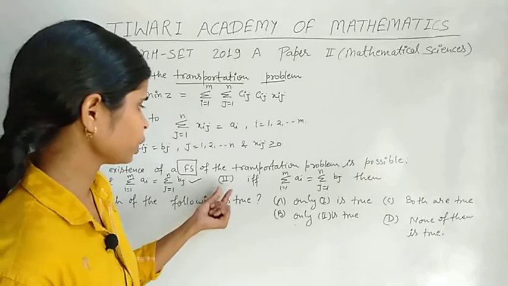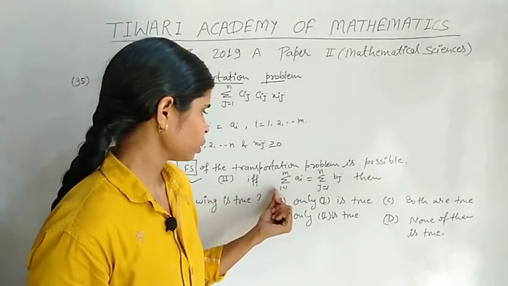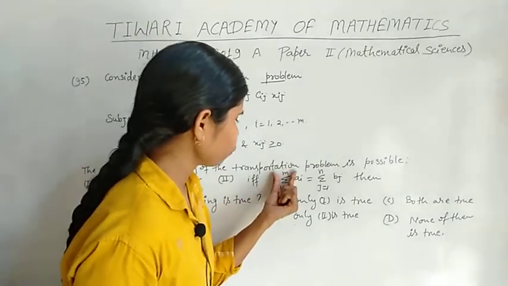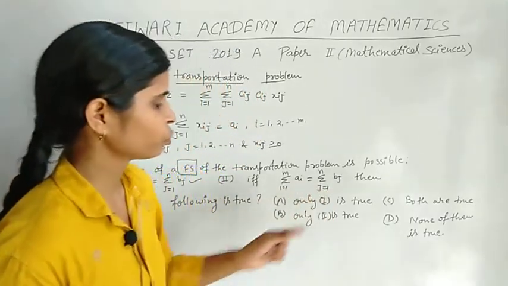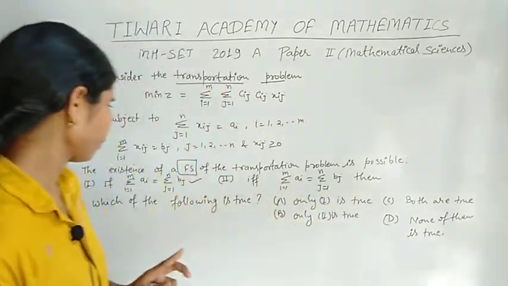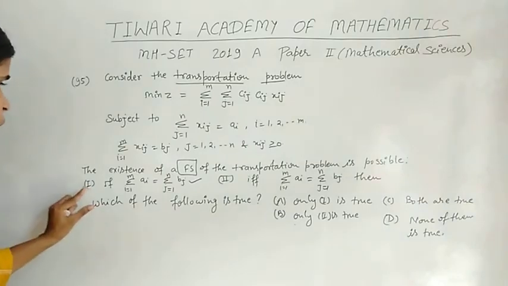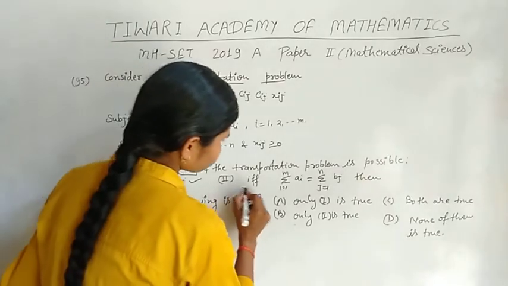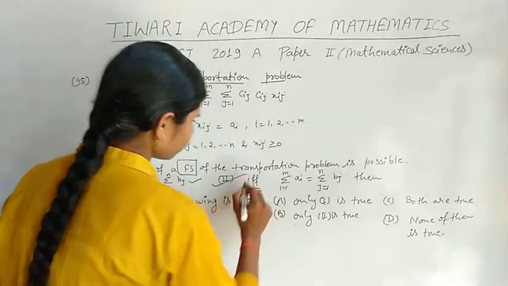Okay, true statement. If and only if summation i varying from 1 to m Ai is equal to summation j varying from 1 to n Bj, then a feasible solution exists. Yes, both are told if and only if, so this is also a true statement.